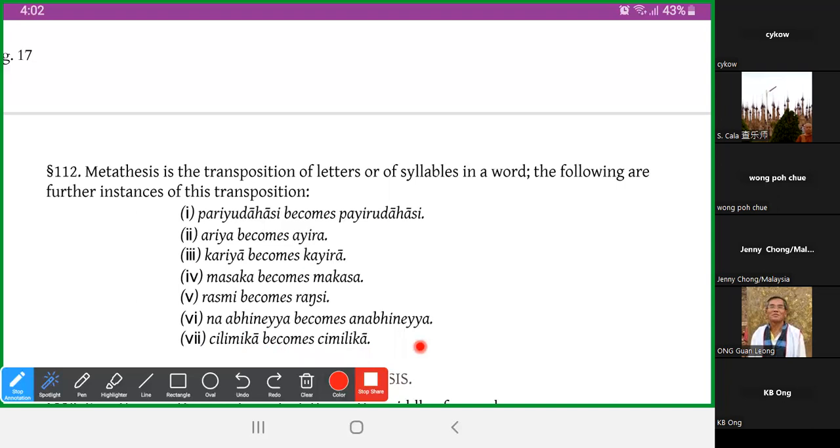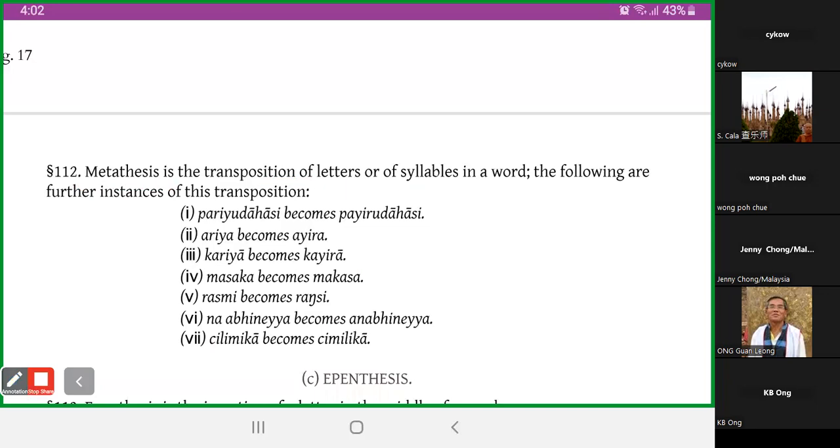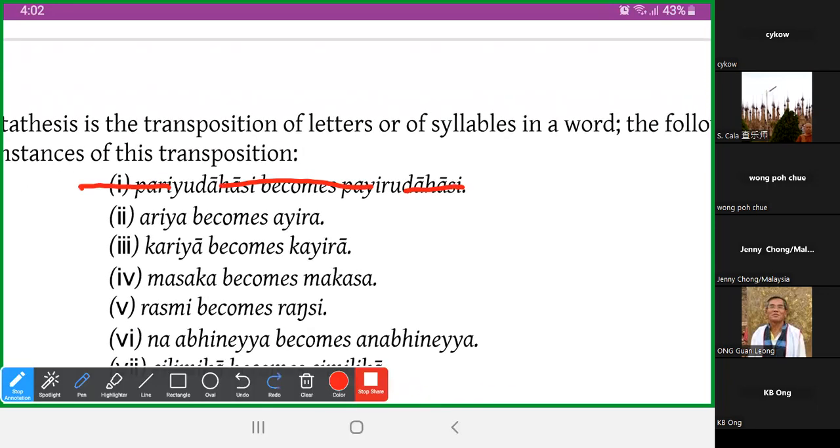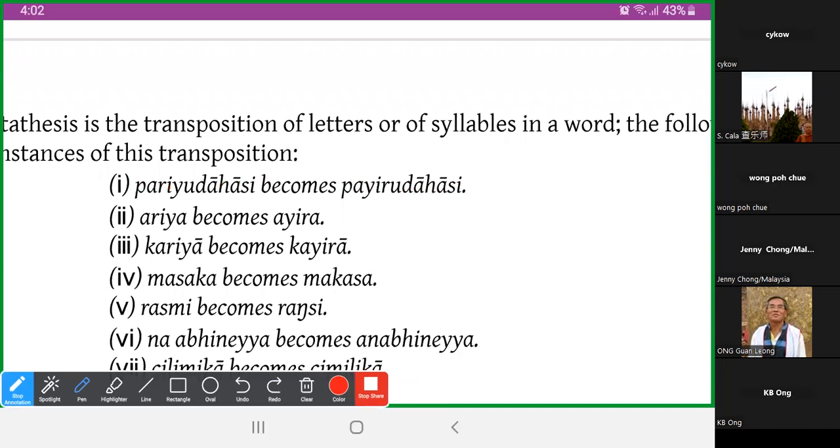So this technical term we call metathesis. It just means that the syllable, the sound, one sound changed the place. This is also one of the grammar that people learn.